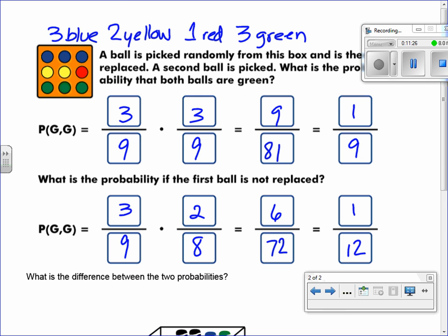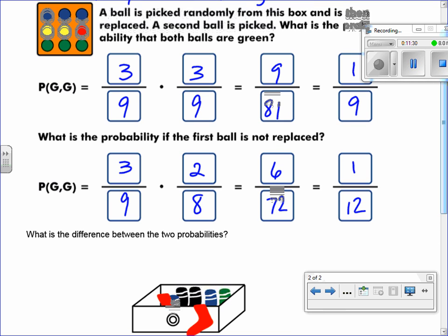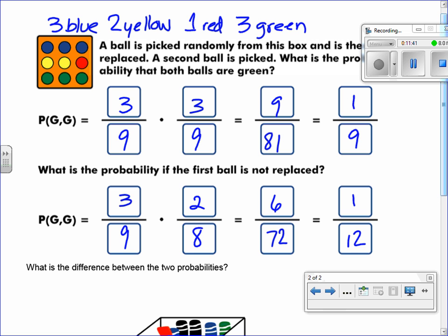So it says, what's the difference between the two probabilities? I'm going to be honest with you. I'm going to say that the probability when you don't replace it is less, but I actually have to turn these into decimals to make sure. Okay, so 1/9 is 0.11 repeating. 1/12 is 0.083 repeating.